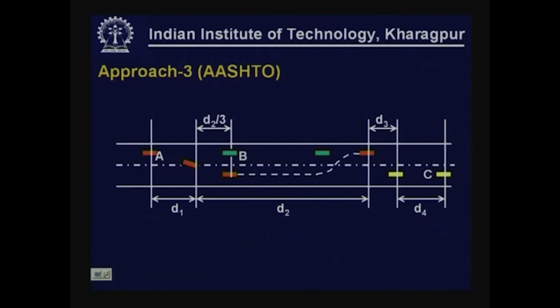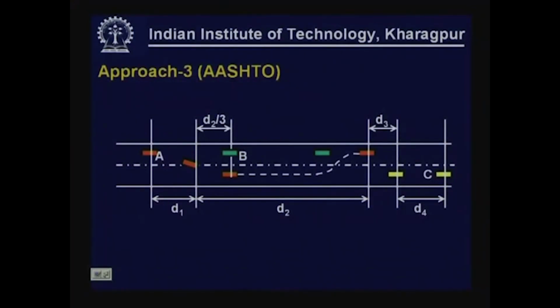If you remember the sketch which I showed when I was talking about the first approach, it was assumed that after overtaking, when the overtaking vehicle is back in its original lane, the opposing vehicle is just by the side of this overtaking vehicle, but in a different lane. So, they were placed side by side. In this case, there is a clearance which is assumed and called D3.